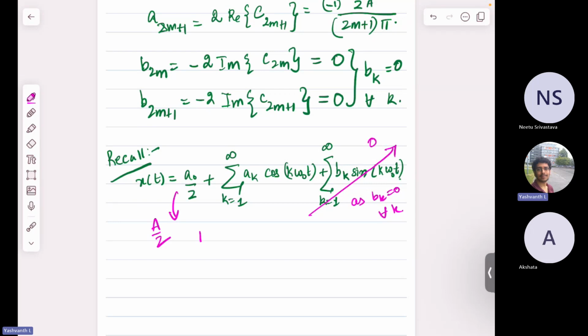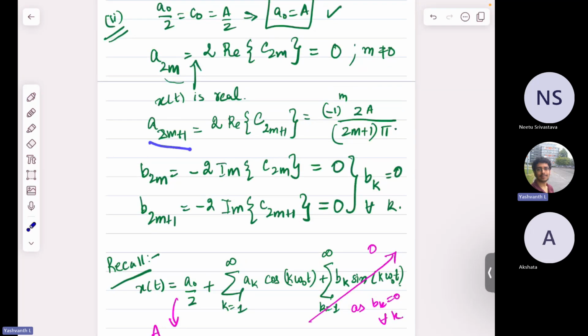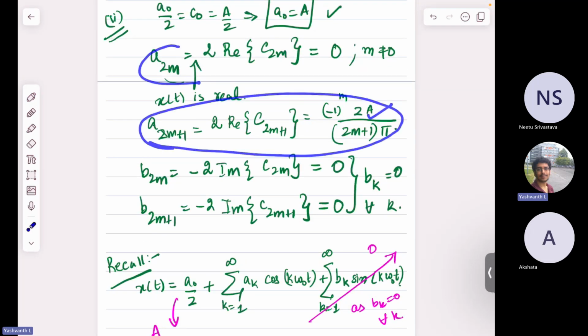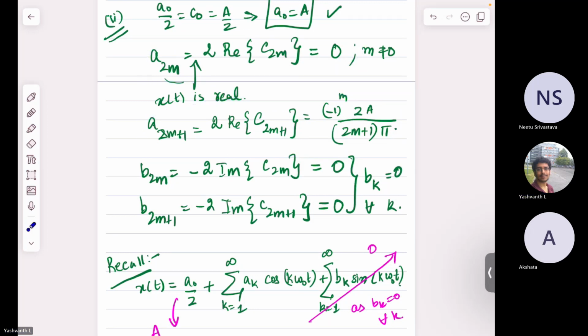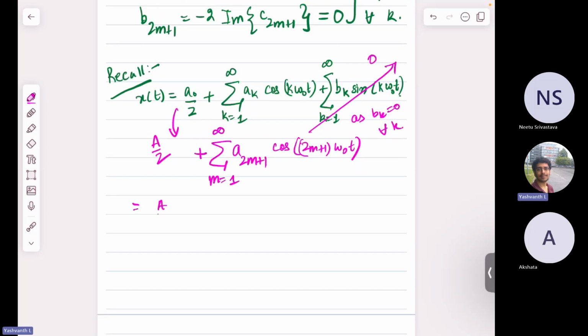And then what remains is only the middle term. Only the odd ak will have some non-zero value. Even ak are equal to 0. Then I'm going to take only those odd terms, so that I can write it as summation m equal to 1 to infinity of a2m plus 1 into cos (2m plus 1) omega naught t, plus A by 2.